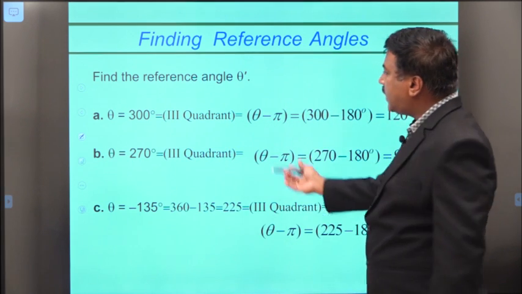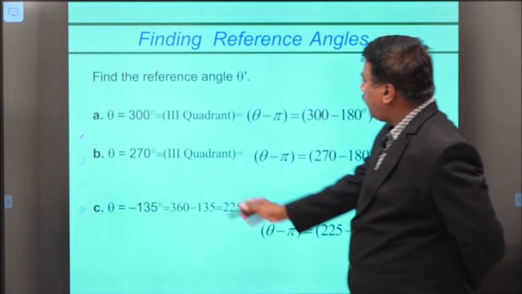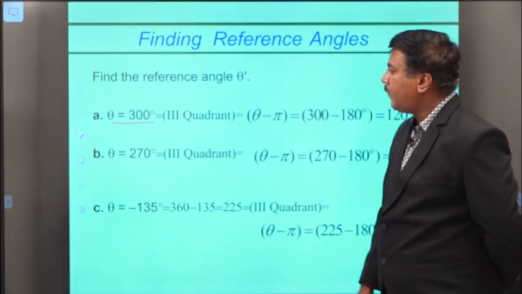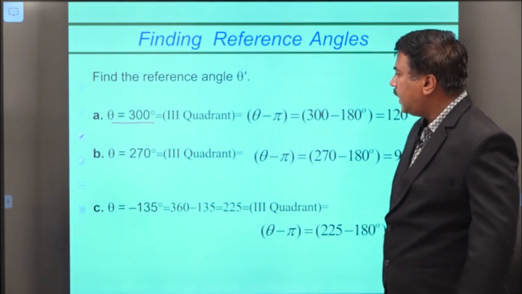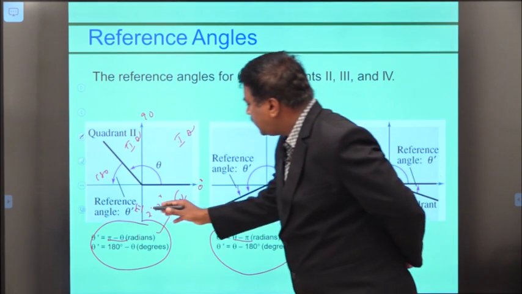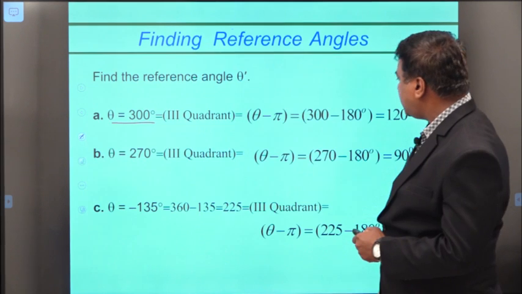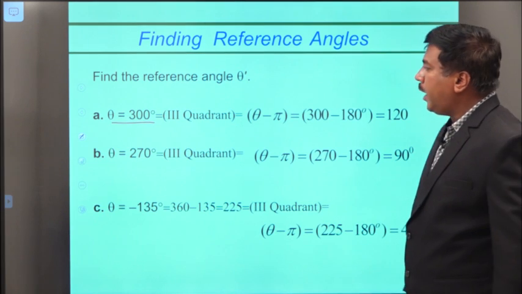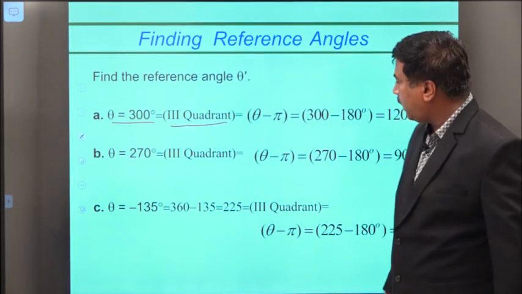Now, coming to the examples, whatever contents you have learned in the previous part, please all of you note this. Find the reference angle. Here theta is equal to 300 degrees. Theta value is 300 degrees, which is beyond 270 degrees, so that is in the fourth quadrant of the coordinate plane.